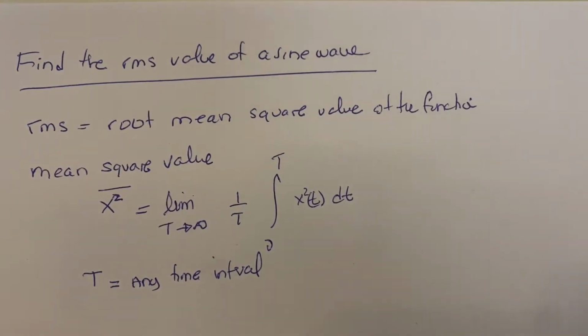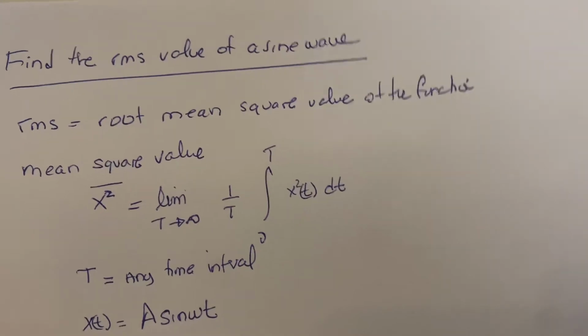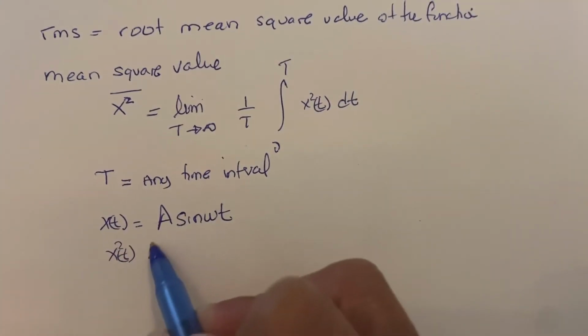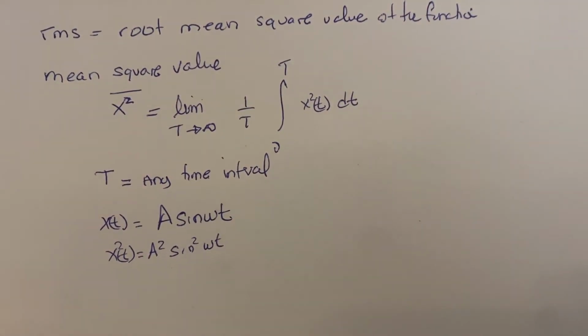Now, a sine function is defined by the following equation: A representing the amplitude, and sine wt. So the square of that function will be A squared sine squared wt. We know that there is a trigonometric identity that we can use, so we can find the integral of the sine squared function.